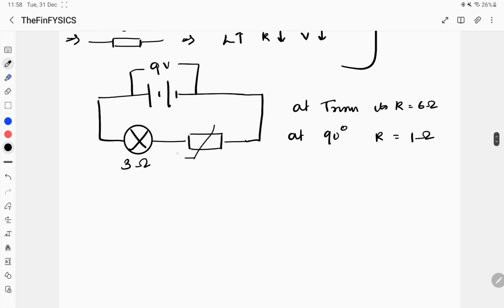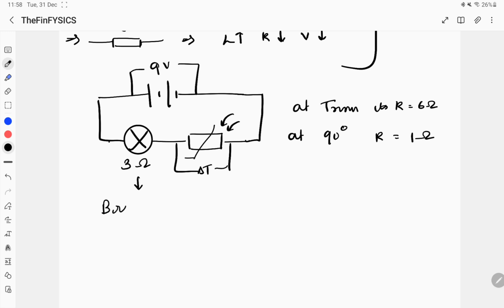Now you see, as my temperature over here varies, its resistance is going to vary, and therefore its voltage across it is going to vary, which means the brightness over here will vary. How will the brightness vary?